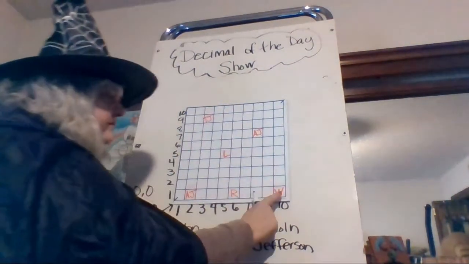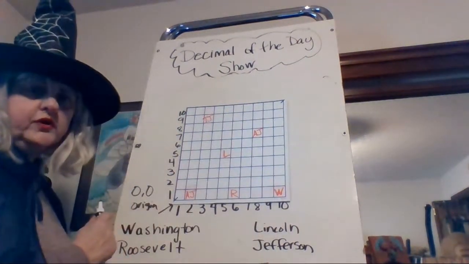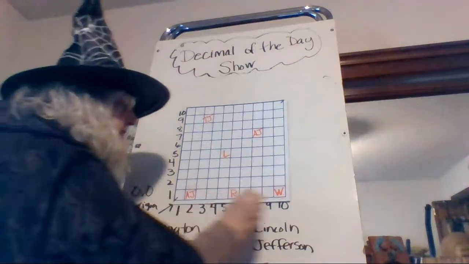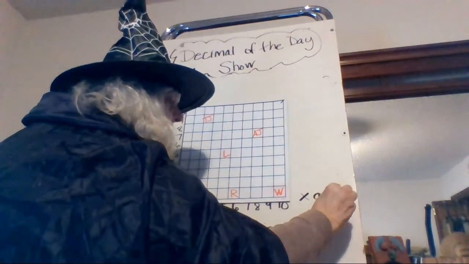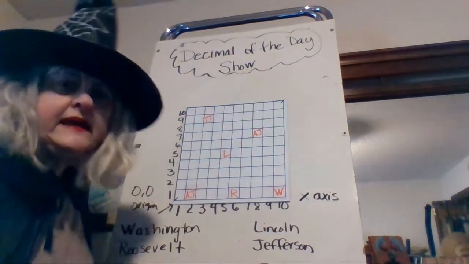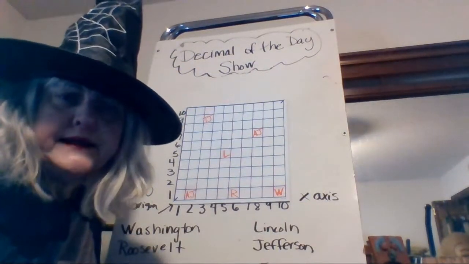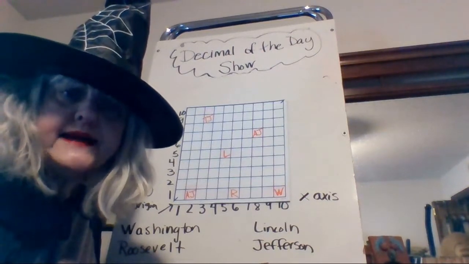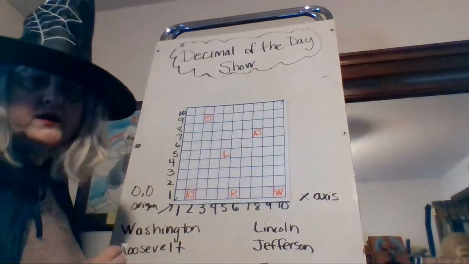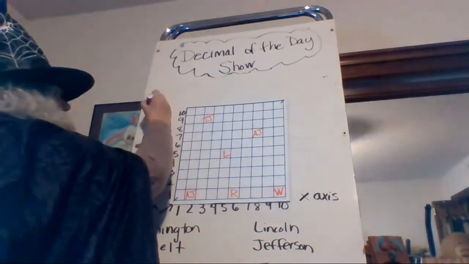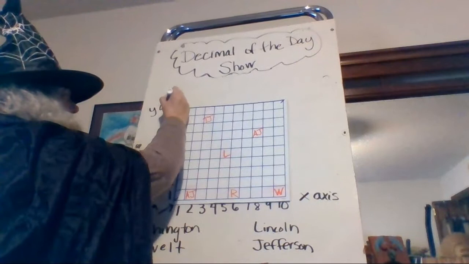So, if the W is here, I know that this line is called the x-axis. Isn't mathematics strange that a line has a name? This line also has a name. It's called the y-axis.